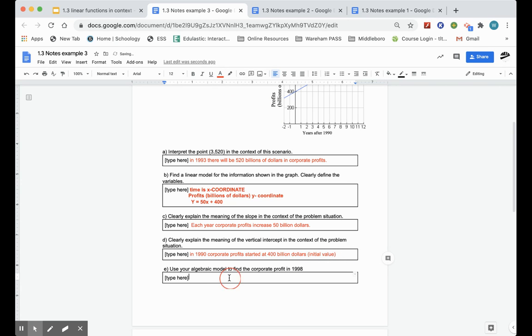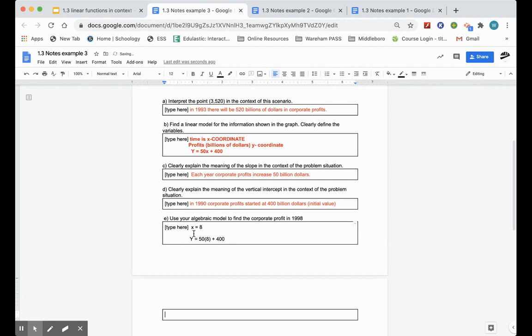All right, so if we want to use our model to find the profit in 1998, well, that's 8 years since 1990, so x equals 8. We're going to substitute into our slope-intercept form 8. So we have 50 parentheses 8 plus 400.